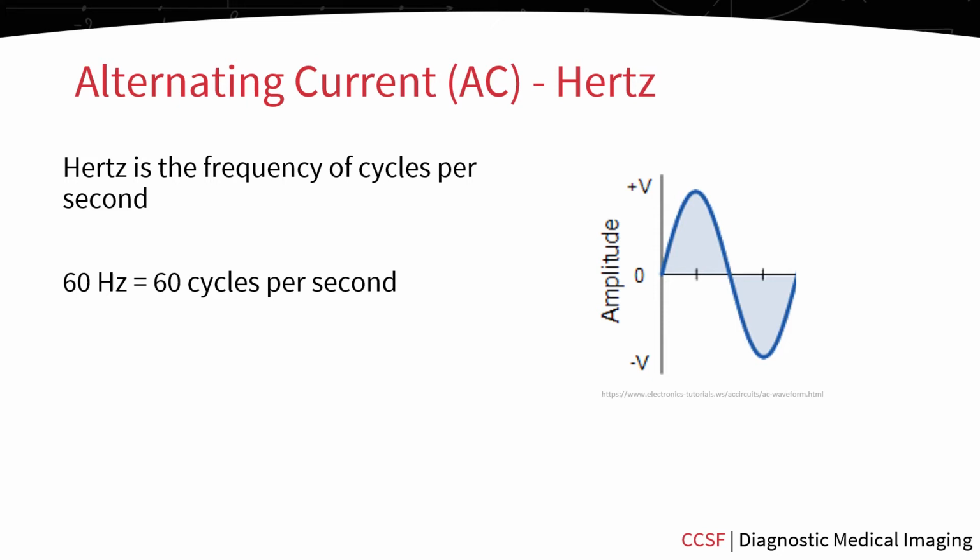Notice that the blue line starts off at 0, it goes up to V positive, back down to 0, then to V negative, and finally back up to 0. That right there is one cycle. Hertz is the measure of those cycles per second. So for example, if we say something is 60 Hertz, that means there are 60 complete cycles per second.